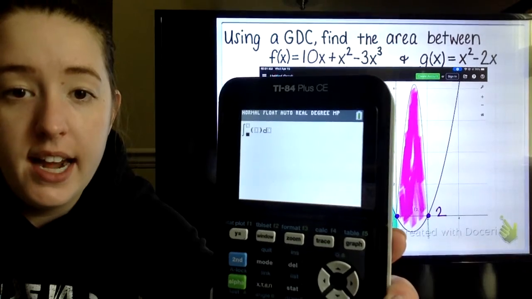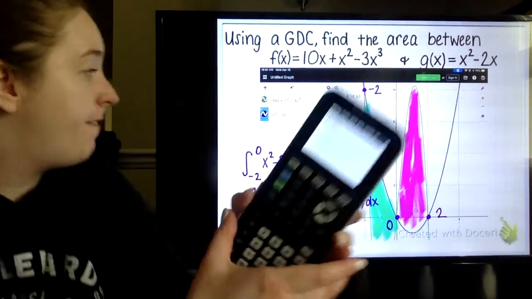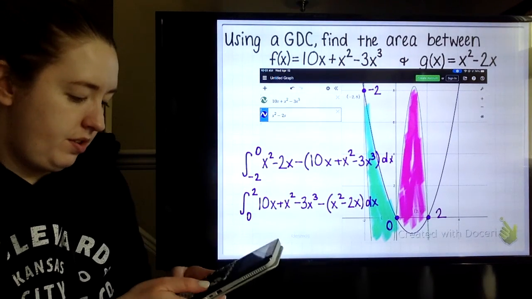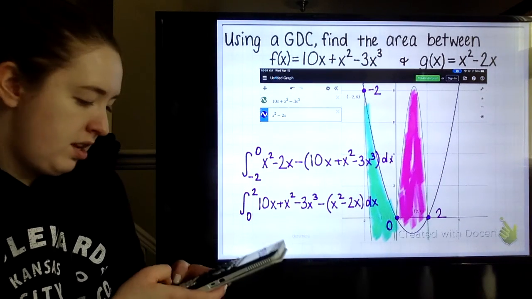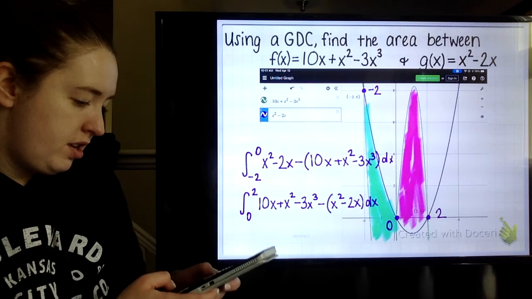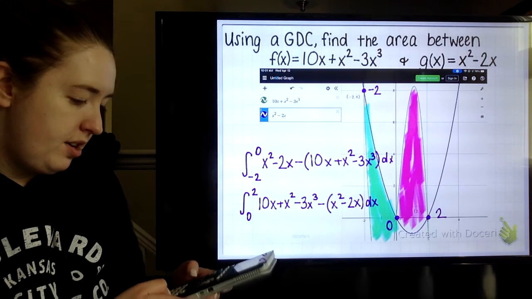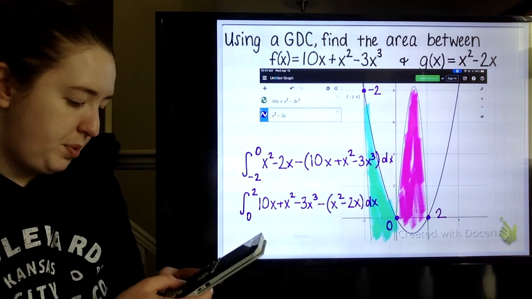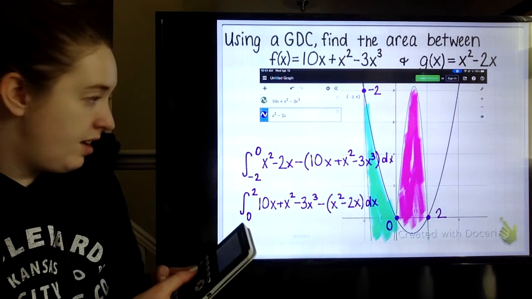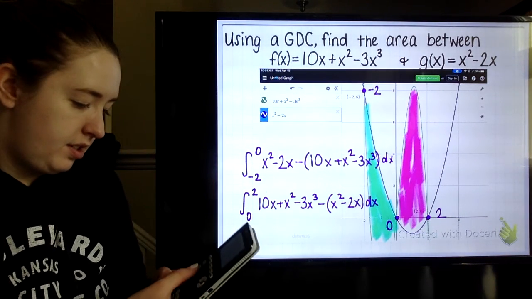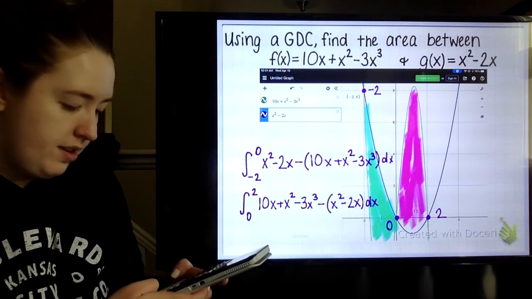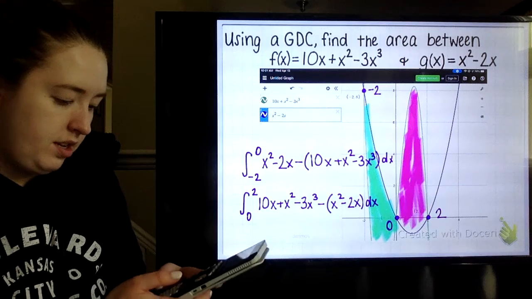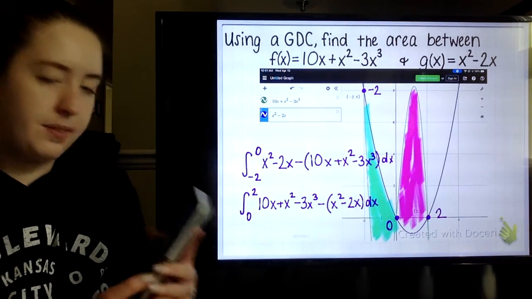So I'm going to input my first integral: -2, 0. And then we have x squared minus 2x minus parentheses 10x plus x squared minus 3x cubed, dx.